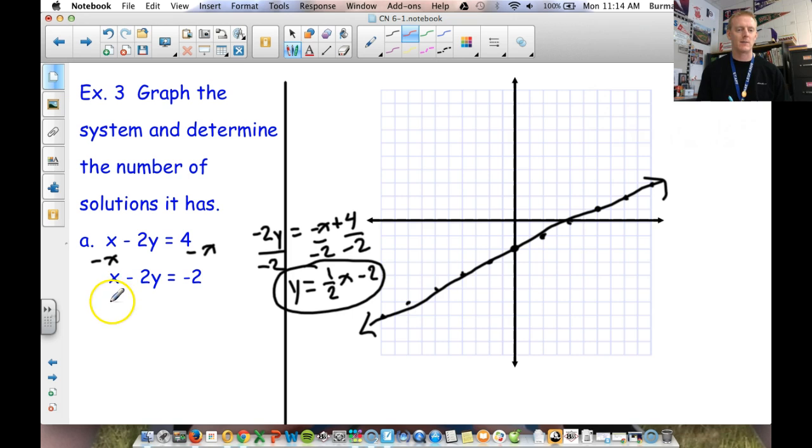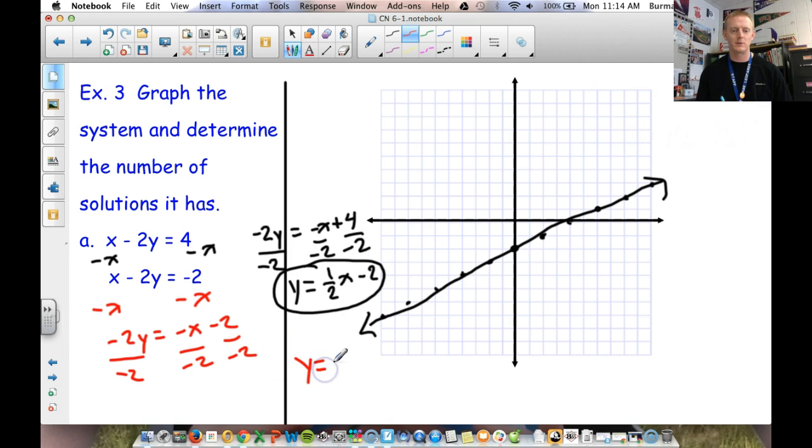We'll do the exact same thing again here. So minus an x for our second equation. We're left with a negative 2y is equal to a negative x minus 2, divided by negative 2 on all parts of this problem. And we're left with y is equal to a 1/2 x plus 1.